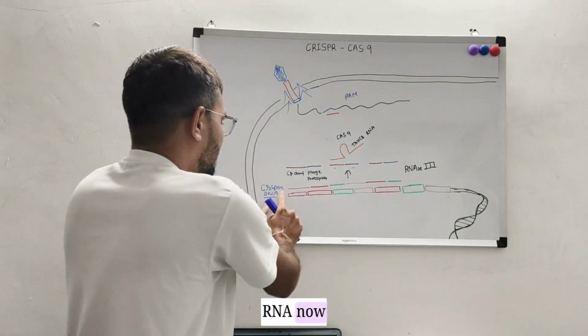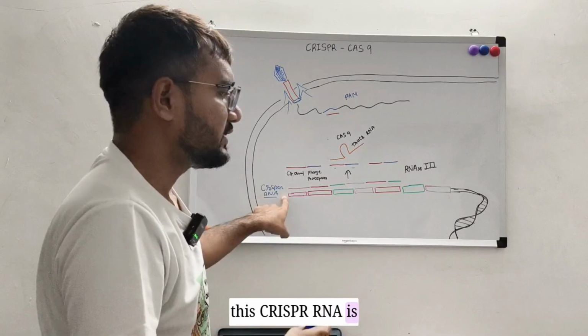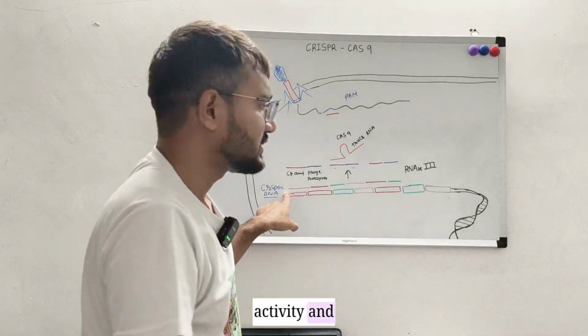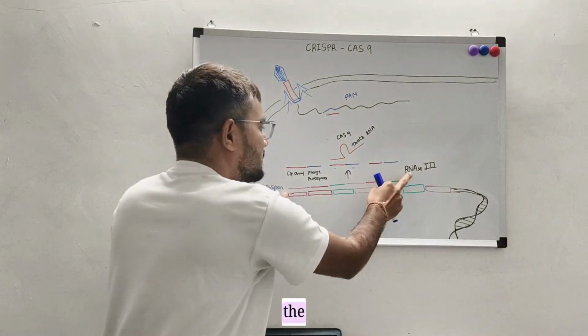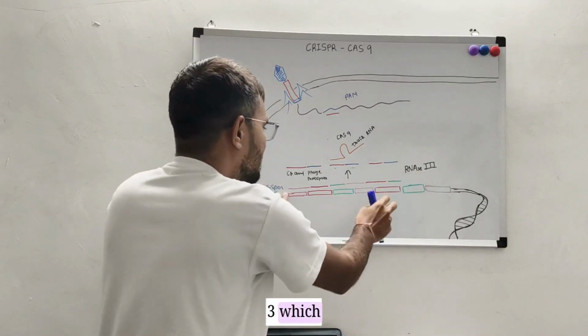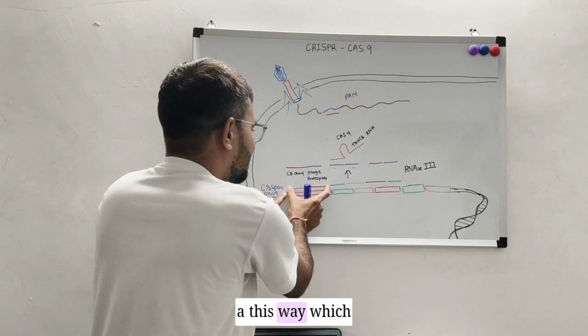Now this CRISPR-RNA further goes into endonuclease activity, and the enzyme RNase 3 plays an important role, which cuts it down in this way.